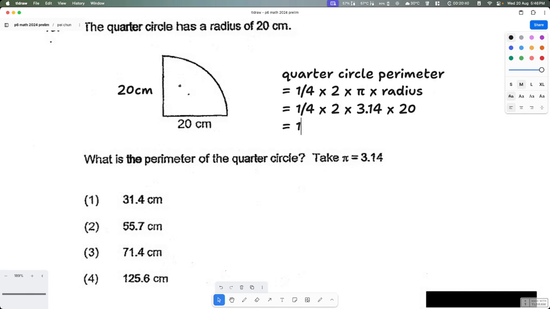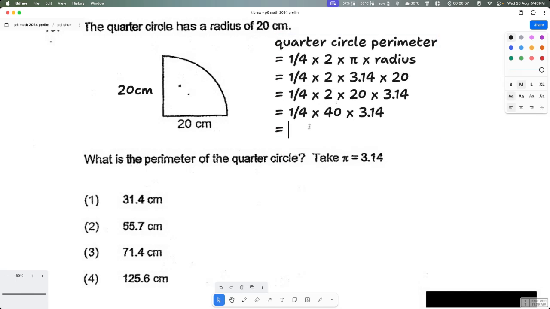So let me just do this so it's easier. 1/4 times 2 times 20 times 3.14, because I like to do this. So 1/4 times 40 times 3.14. So this will then become 10 times 3.14, and this will then become 31.4.